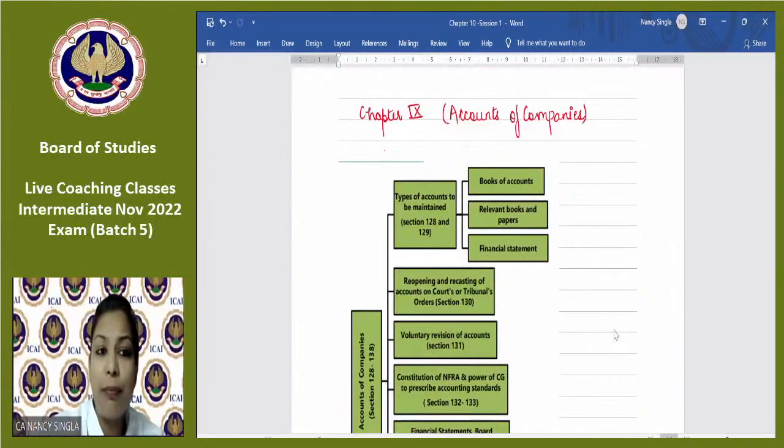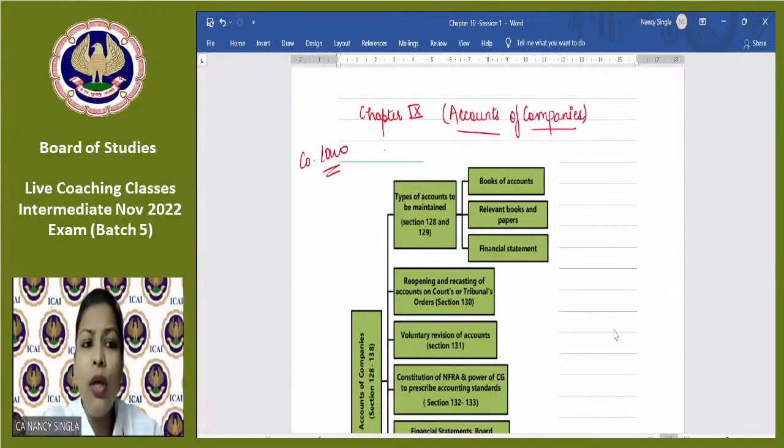The name of this chapter is what? Accounts of companies. This you all have done in your company law, in your corporate law, right? So a little bit of the knowledge of these sections will also be required when we'll be going through chapter number 10. As and when they will come, I'll be touching upon these sections. But as of now, I'll be assuming that yes, you all have an understanding about these sections.